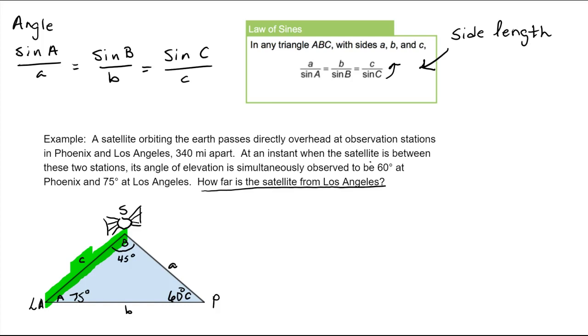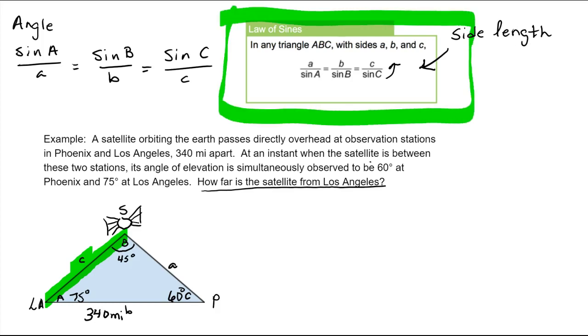Phoenix and LA are 340 miles apart. So that's this right here, 340 miles. Okay, so let's see. We are looking for a side length. So if we're looking for a side length, we're going to use this version of the formula. And what else do we know?